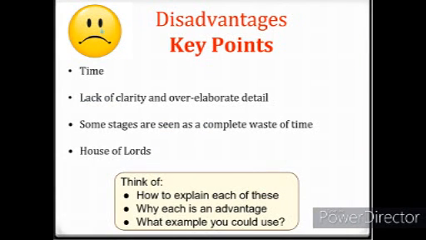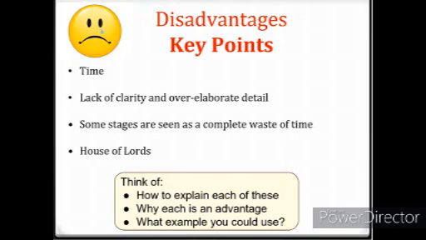Turning to disadvantages, you'll see that 3 of the points are flip points to the advantages. So we've talked about how time could be seen as an advantage. We've talked about how detail could be an advantage, and how the House of Lords could be seen as an advantage.